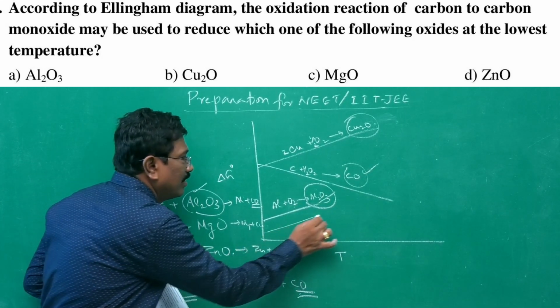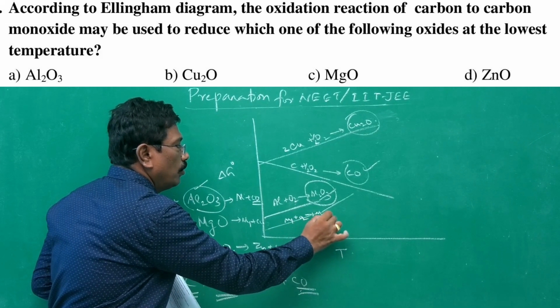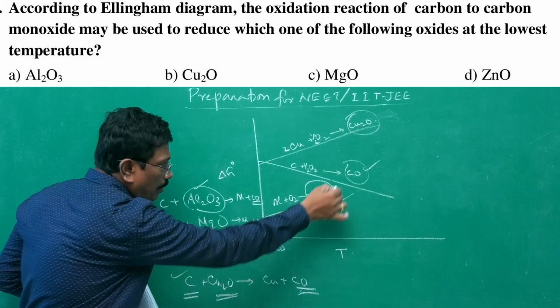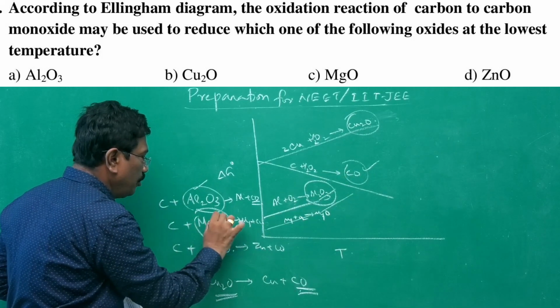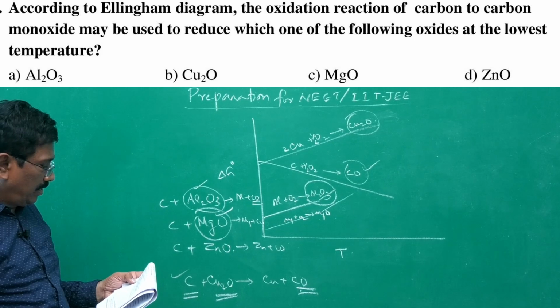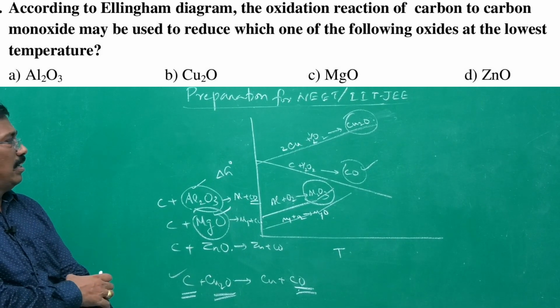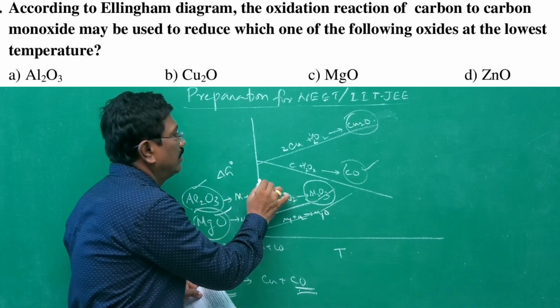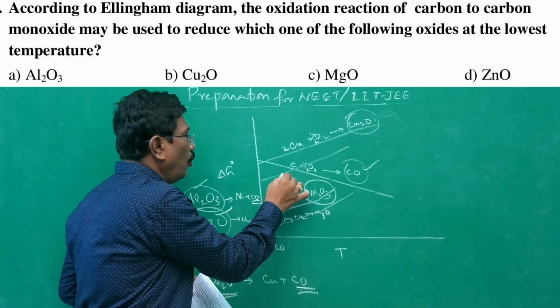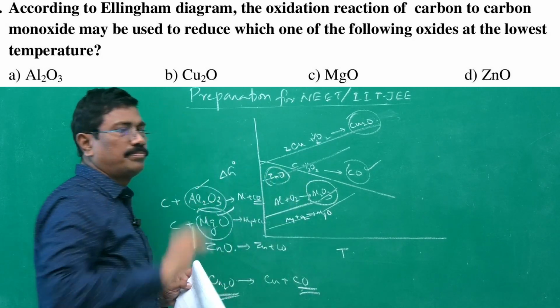Magnesium goes like this. Mg plus O2 gives MgO. MgO is more stable than CO and therefore MgO retains. But in the case of zinc, it also goes like this, zinc oxide. At lower temperature, zinc oxide is more stable.